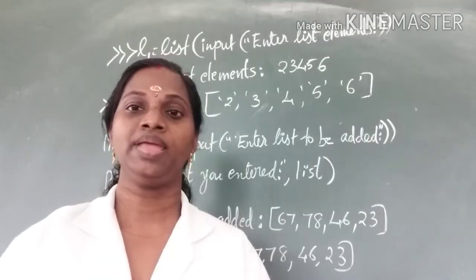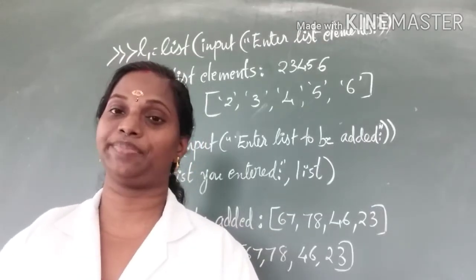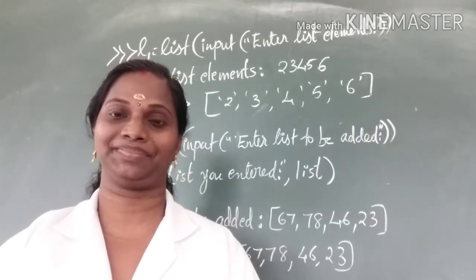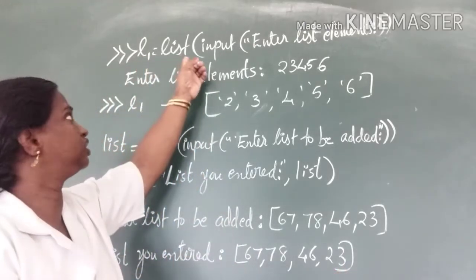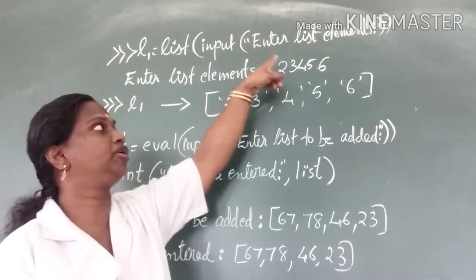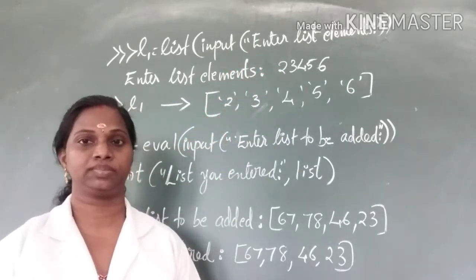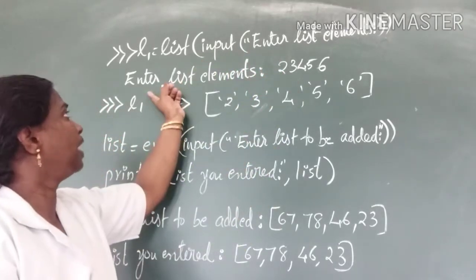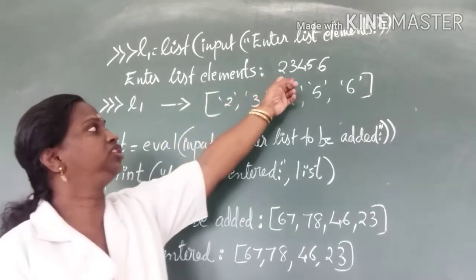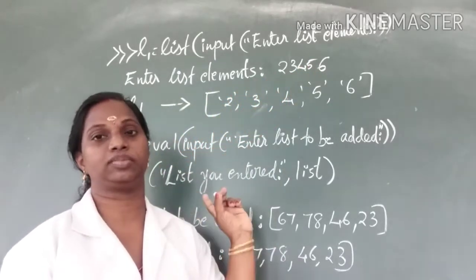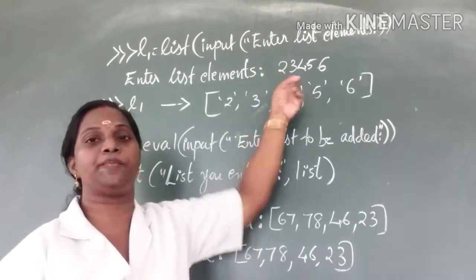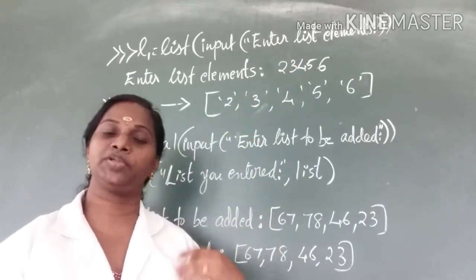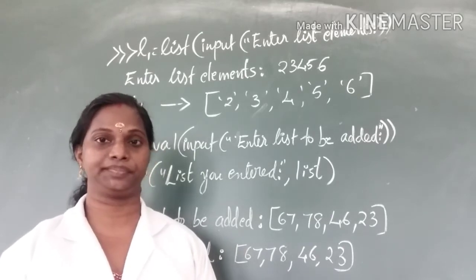Next one, how to create a list using keyboard input. Here we have some examples. L1 = list(input('Enter list elements')). Then 'Enter list elements' will be displayed, and you can give the input 2, 3, 4, 5, 6, or any input.